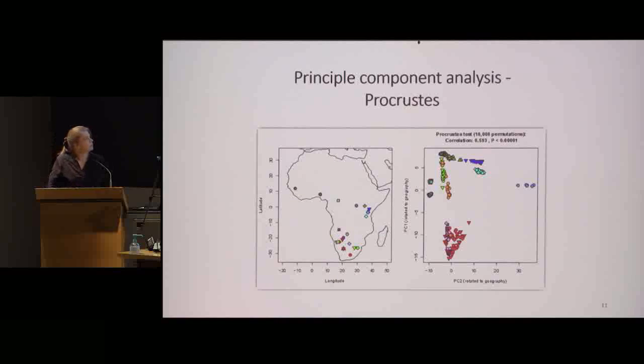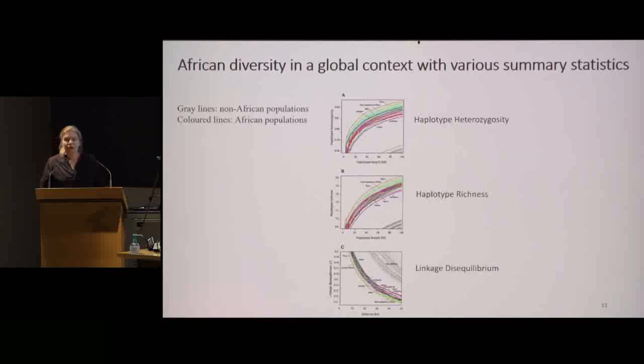So this was more or less how we see genetic variation in African populations in 2 dimensions. We also looked at genetic diversity of populations in Africa. Here we use different summary statistics, which are just different ways to summarize different aspects of genetic diversity in the genomes of populations.